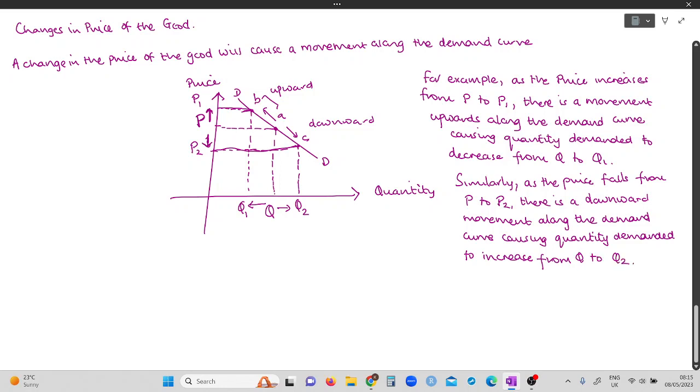So this is how there will be a change along the demand curve when the price changes.